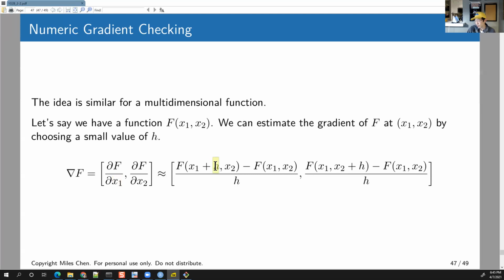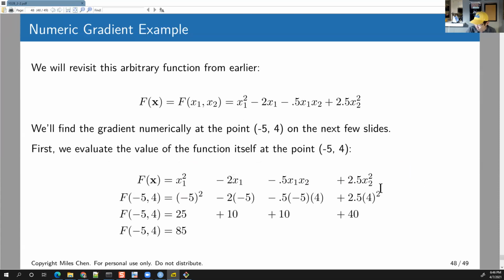So we add a tiny value h to x1, and ask how much the value of the function f changes when I add a tiny value of h to x1 versus leaving x1 at the starting value. In this case, for the partial derivative with respect to x1, x2 remains fixed. Then just the opposite is true for the partial derivative with respect to x2. We leave x1 fixed, it does not change, but we add h to x2 over here, and leave x2 over here as the original value.